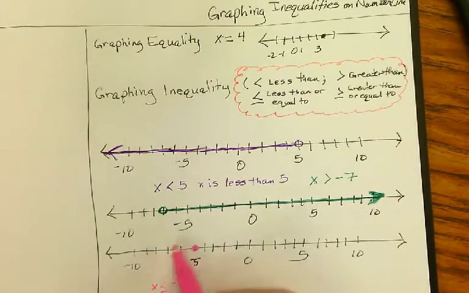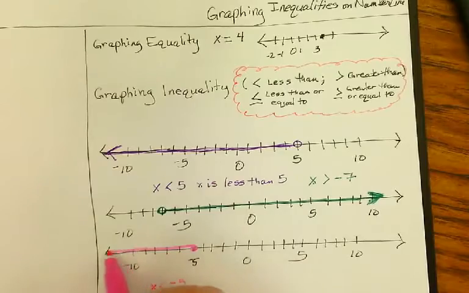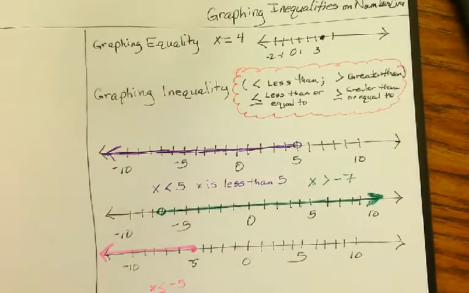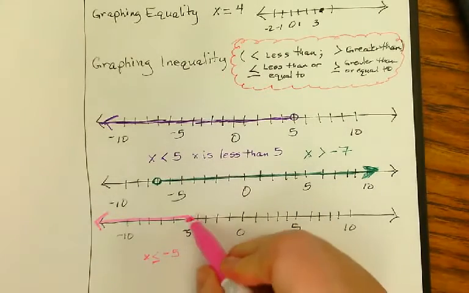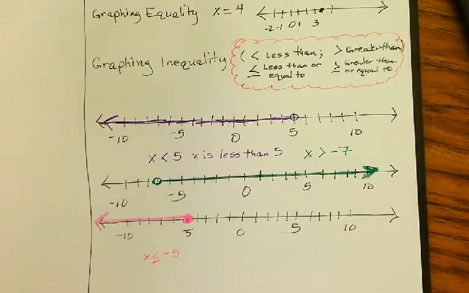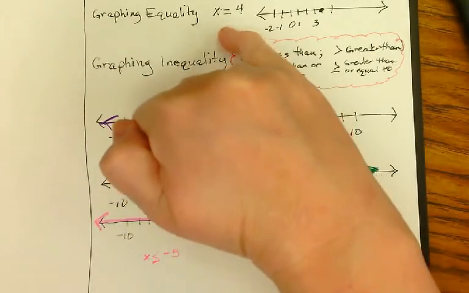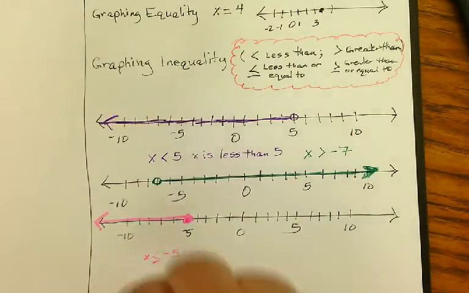Our answer could be -5, or it could be any number smaller than -5. So x is less than or equal to. Or equal to tells us to put a solid dot. When you have that little equal sign, it's like this equal sign up here, so therefore we have to have a solid dot.